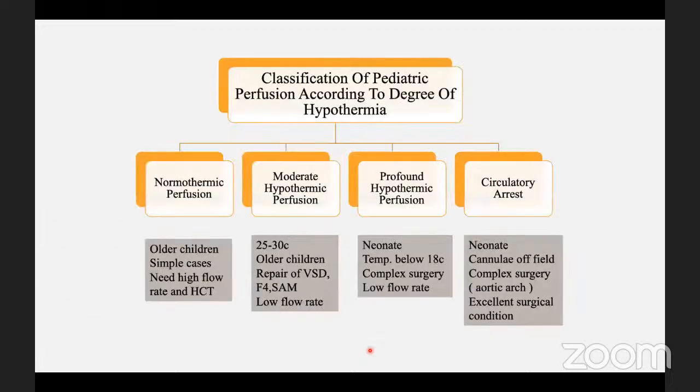Okay, so yeah, this is basically the basic levels. Most of the children now, even if you're doing an arterial switch, we still do it at 32 degrees or max 30 degrees. We don't really believe in making the body suffer a bout of hypothermia for myocardial protection.